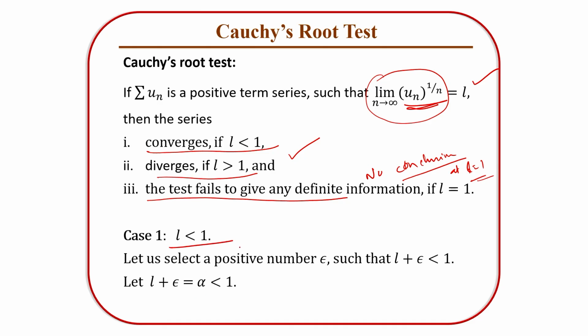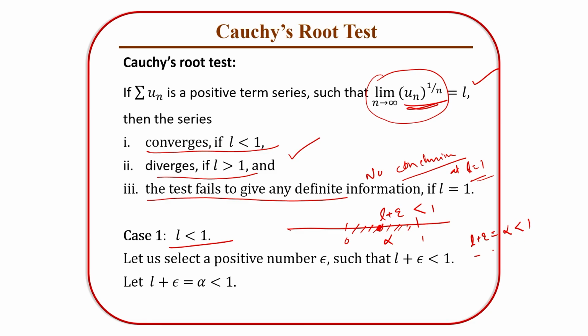So, case 1, how to prove case 1? As L is less than 1, you can see here, this is 1, this is 0 and the whole series is lying here. So, the value of L lies between 0 and 1, then I can choose a value so that L plus epsilon is still less than 1, and name L plus epsilon as alpha.